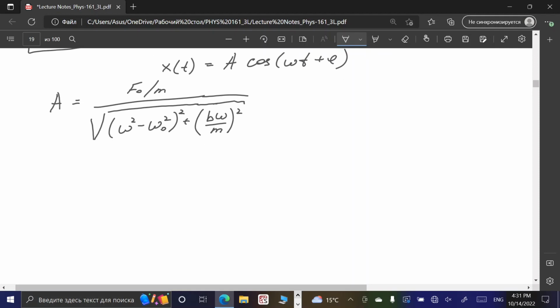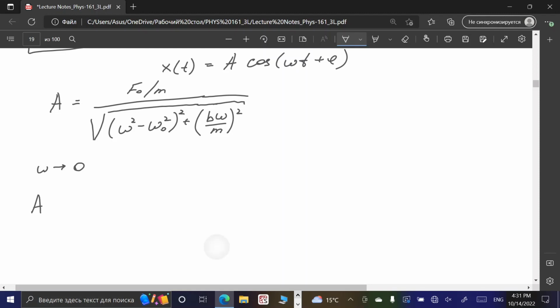So first, what we can consider, that will be omega approaches zero. Frequency of the external force is approaching zero. So let us see here what we get.